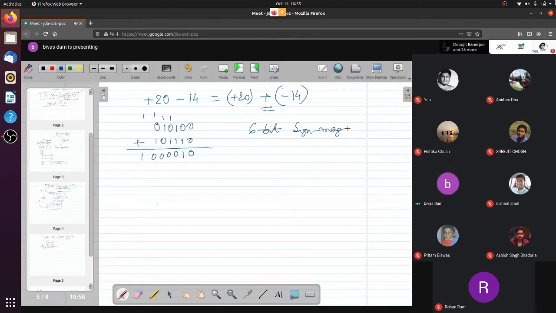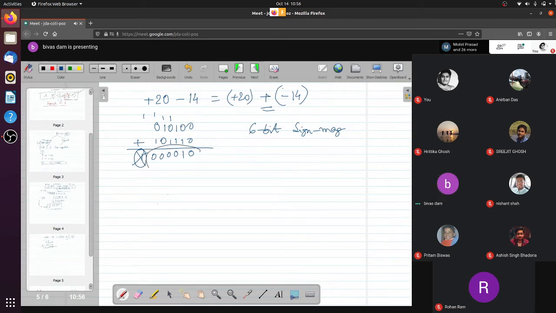So whatever result you achieve should also be represented in the 6-bit sign magnitude number system. Now this comes in the 7th bit position, it is not confined in the 6 bits. So simply that is going out of the number system.